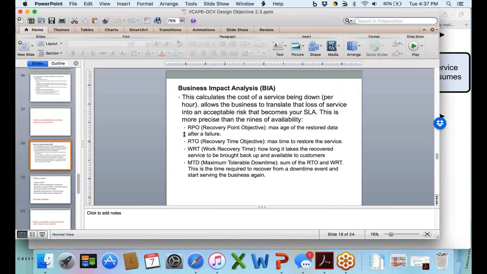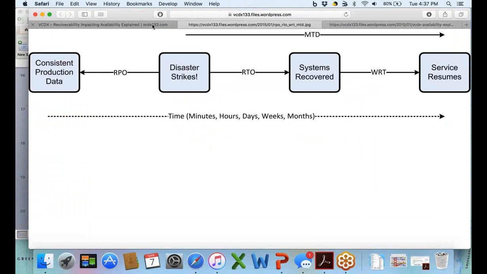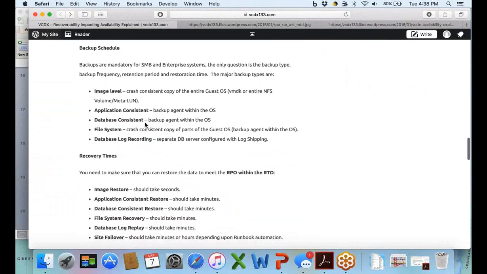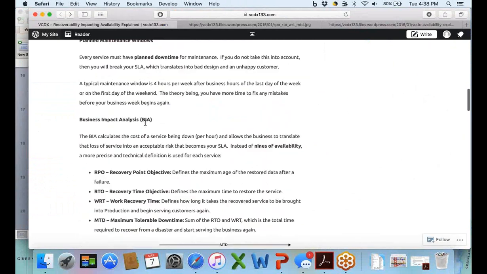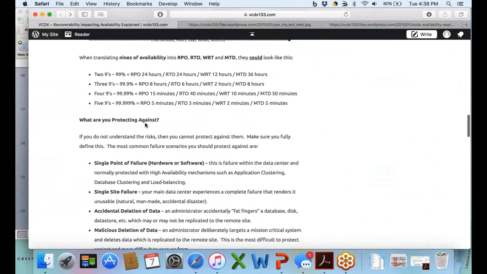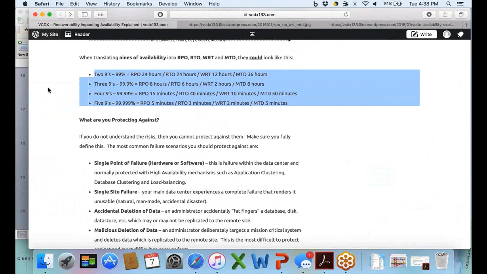Okay, so Renee has some great examples. I was coming up with examples and realized I've read this blog post so many times that these are not even my own ideas anymore. So he gives you some examples of, if you have, for example, 2 nines, what could it look like?